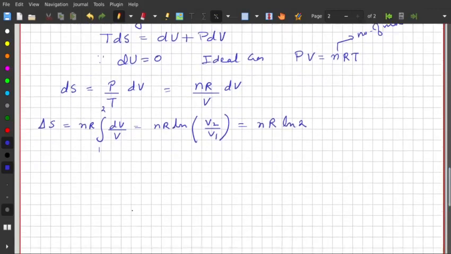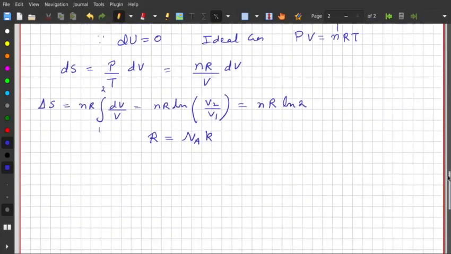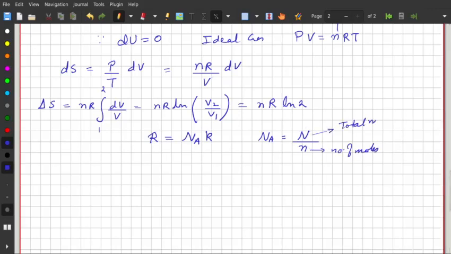Okay, and realizing the fact that the universal gas constant can be written in terms of Avogadro's number, Na, times the Boltzmann constant, k, and the Avogadro's number is N divided by n, where n is the number of moles, N is the total number of particles, and this is the Avogadro number, Avogadro's constant.